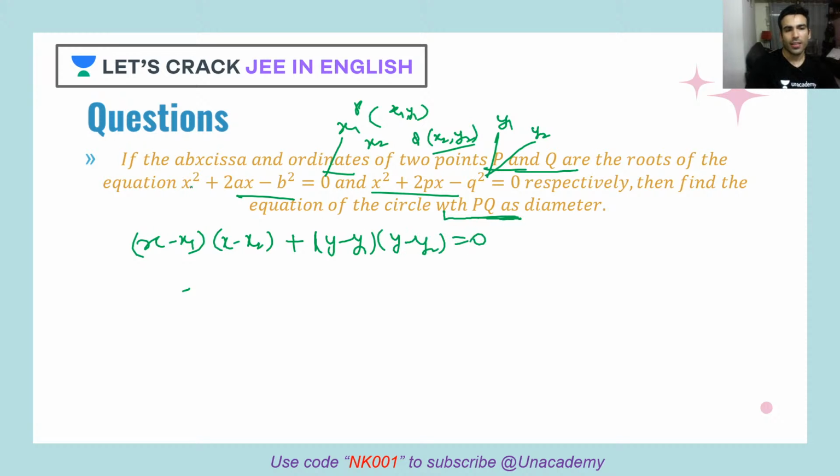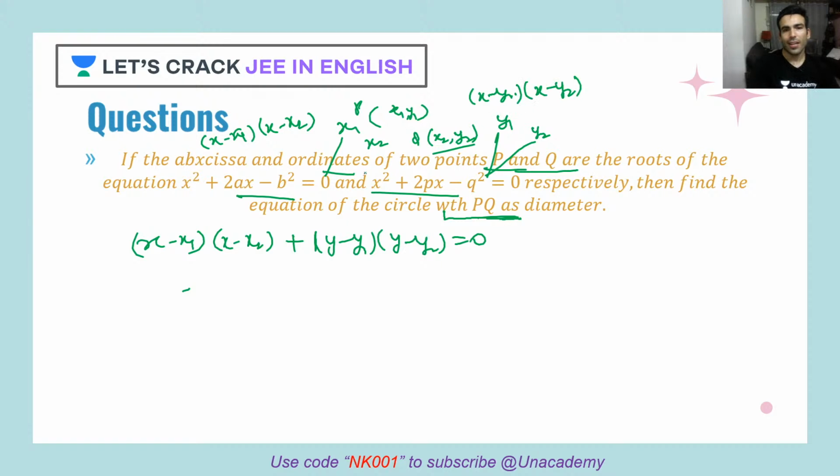Now just look at this. This equation has two roots, x1, x2. That means this equation can be written in factored form like this: (x - x1)(x - x2). Similarly, the other equation can be written as (x - y1)(x - y2).